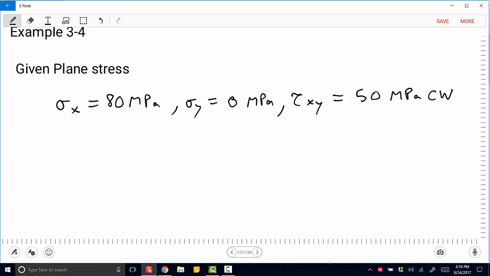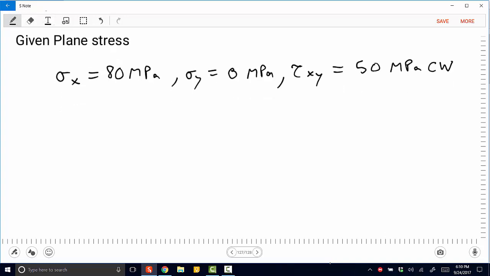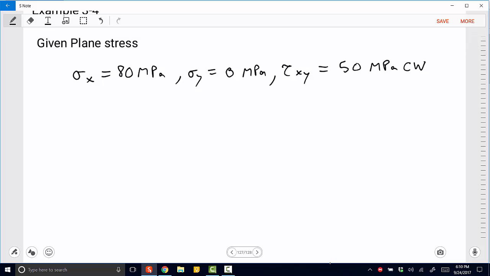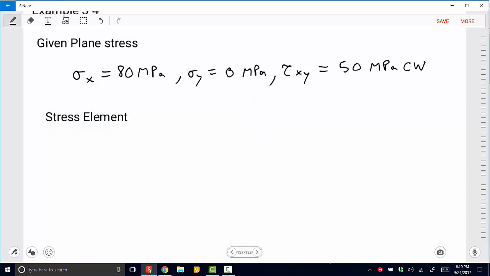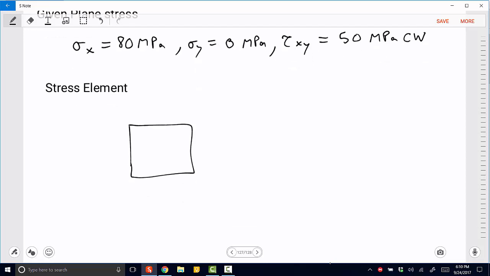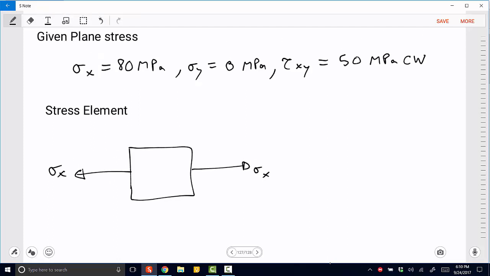Now, what is that 50 megapascal? What does the clockwise indicate to us? Well, if we draw our stress element, we can go ahead and draw our normal stresses on here. So we've got our sigma x here. It's positive, so we've got tension, right? And our sigma y is 0, so we have nothing there.